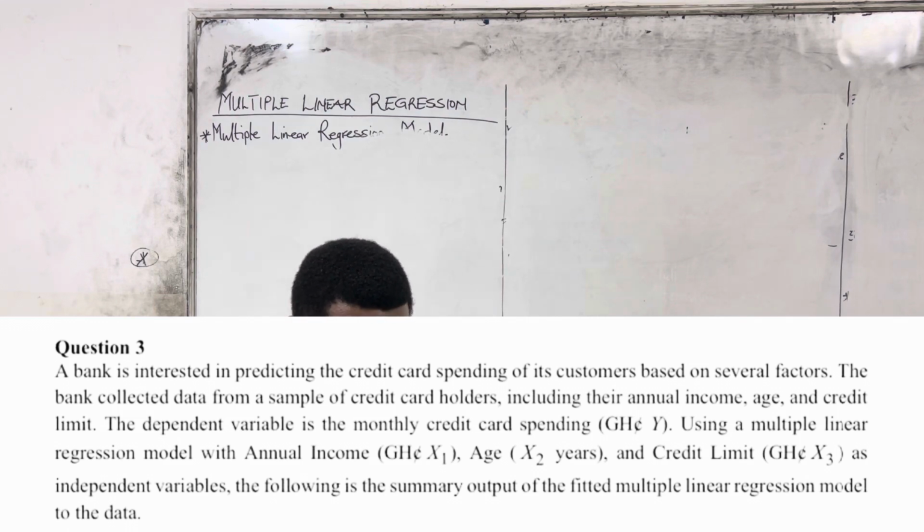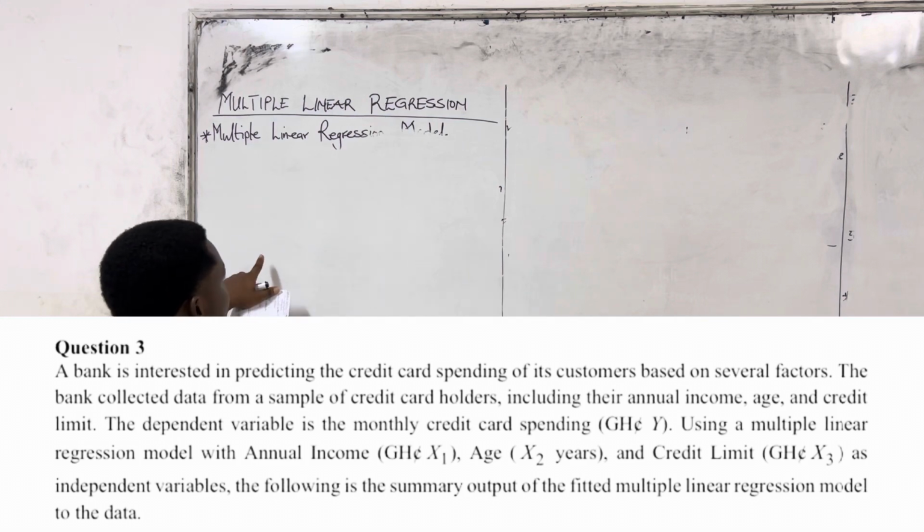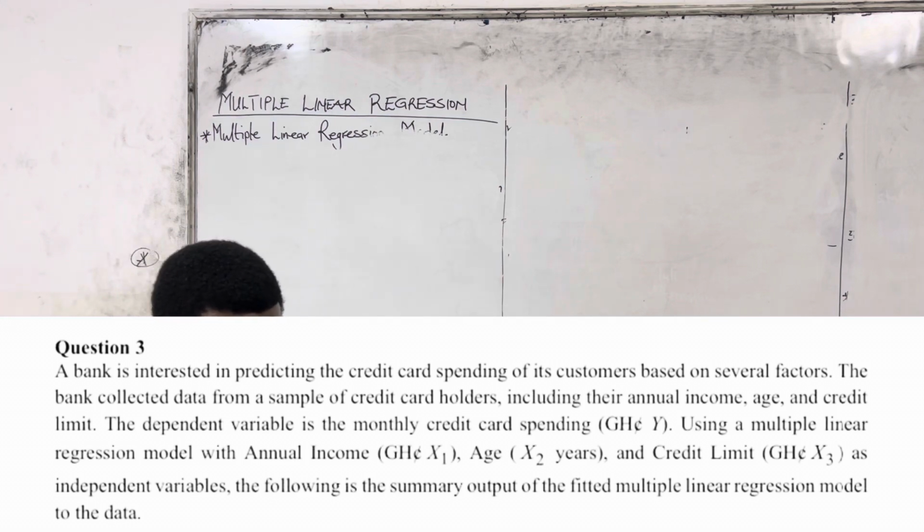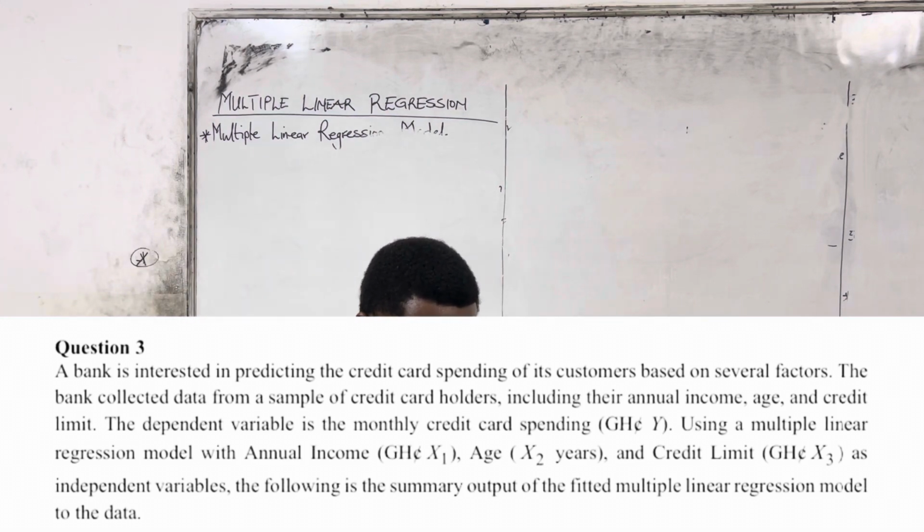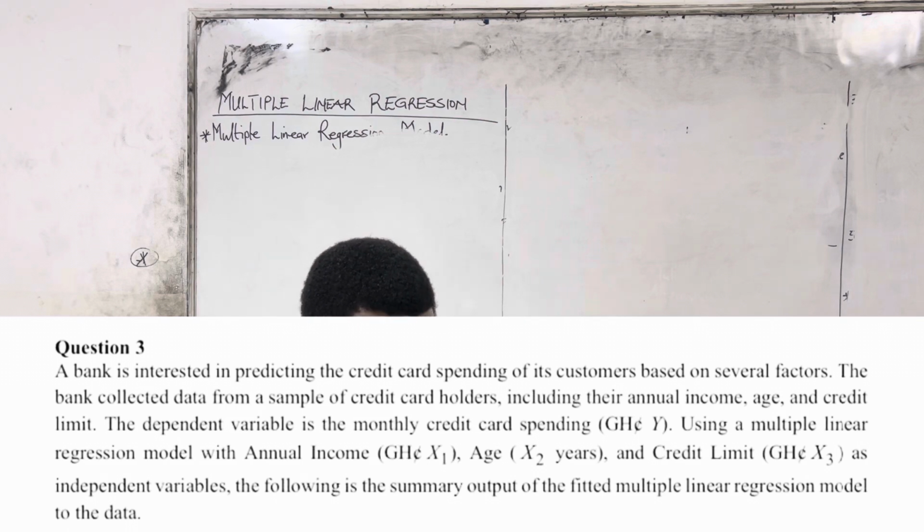The dependent variable is the monthly credit card spending, in cedis, represented by Y, using a multiple linear regression model with annual income as X1, age in years as X2, and credit limits as X3 as independent variables.